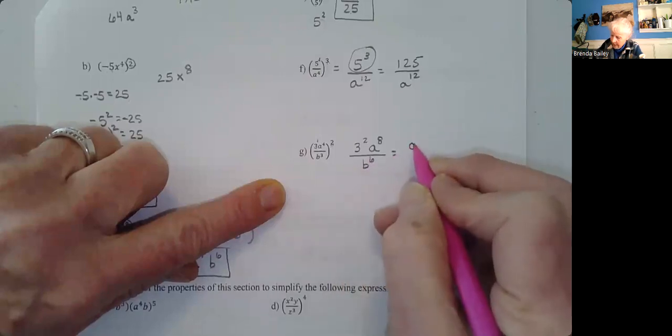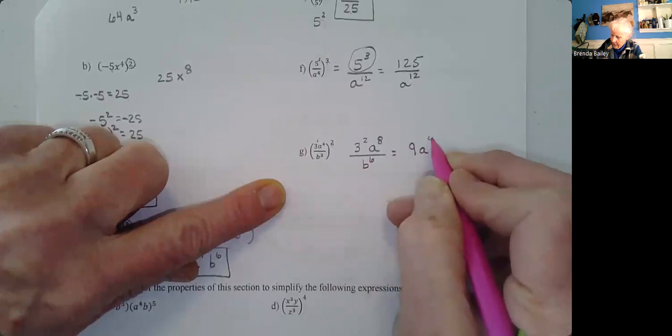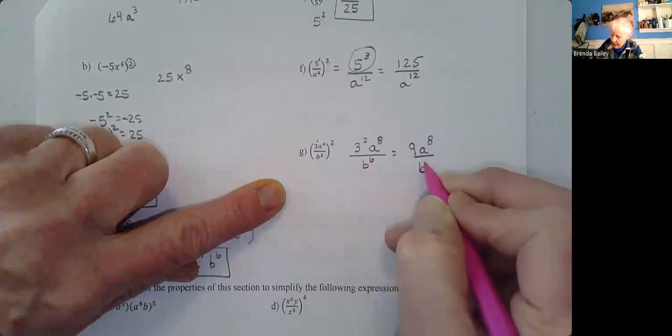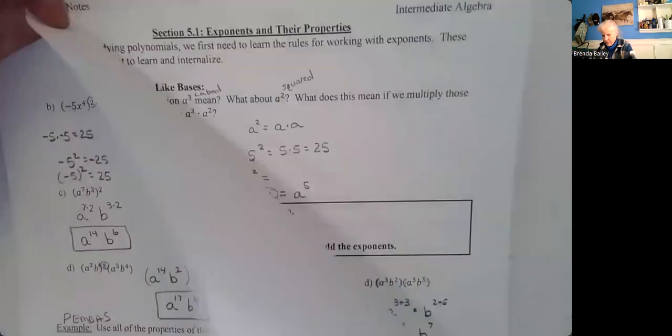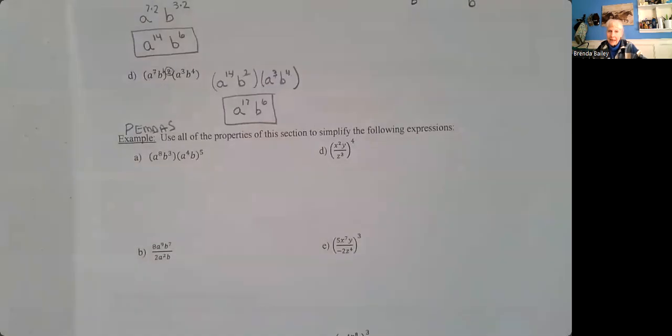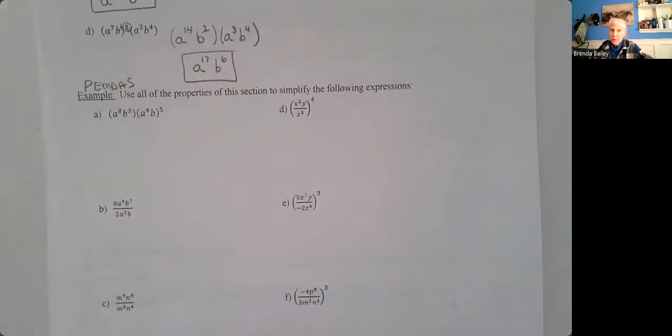So 9, a to the 8th, b to the 6th. So we're multiplying the exponents, and then we are simplifying the number values. Unless they say keep it in exponential form. All righty, let's do some more examples down here. Just a few more, just to practice. Maybe you got it. You moved on to the homework.